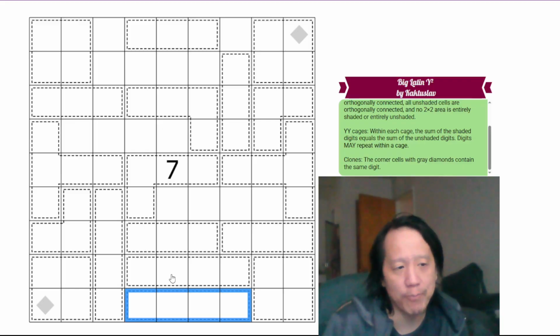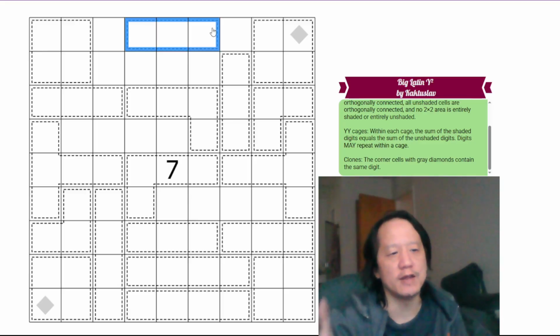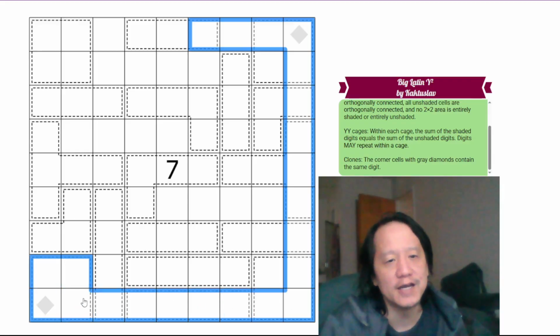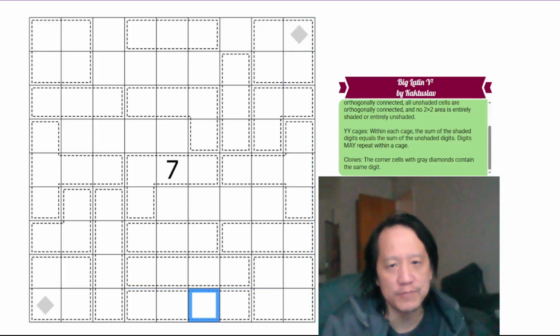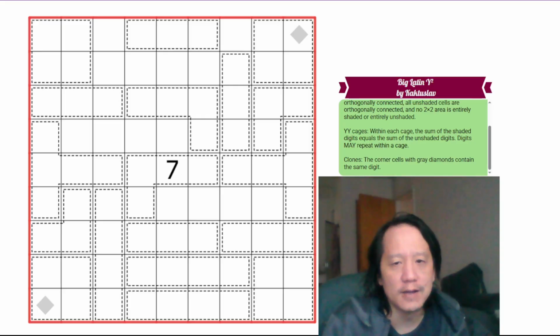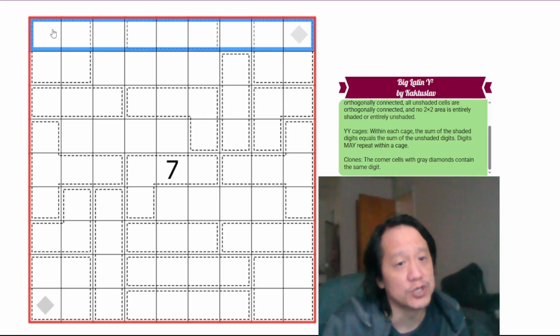Because of that, we know that you can only change shading twice on the edge of the Sudoku grid. It could change zero times too, actually.